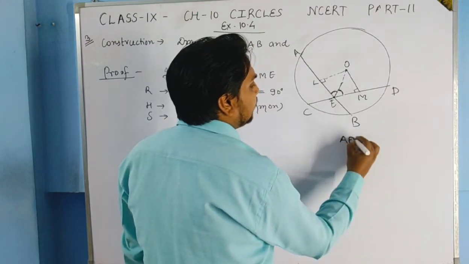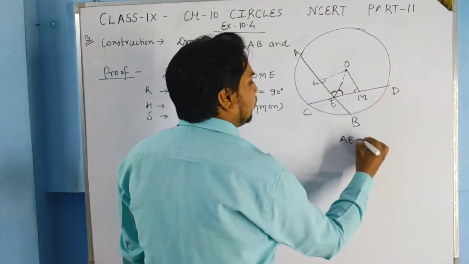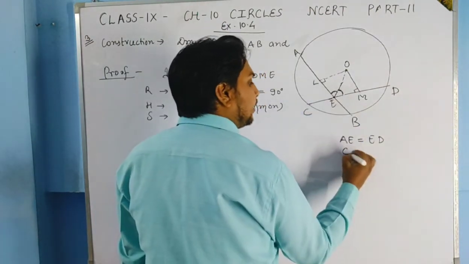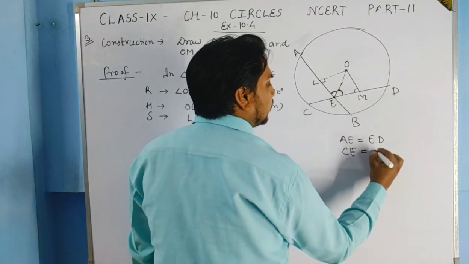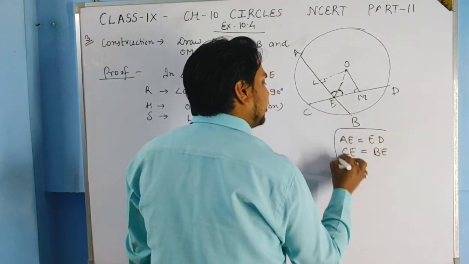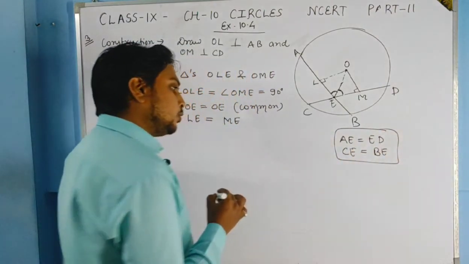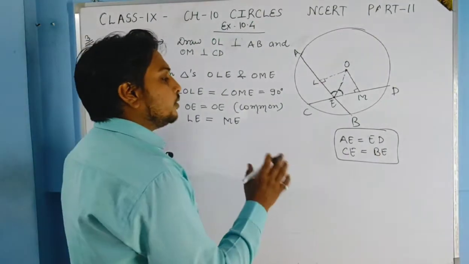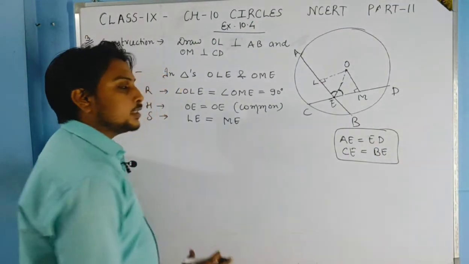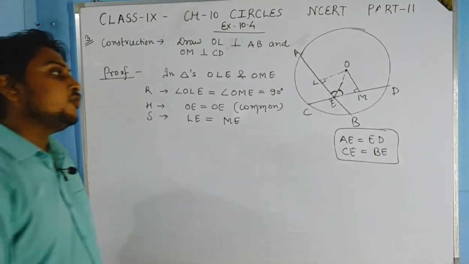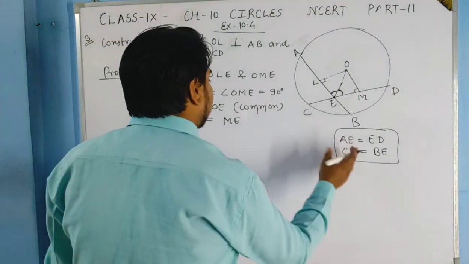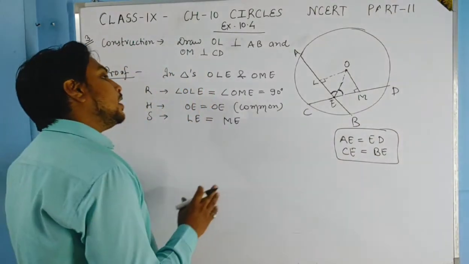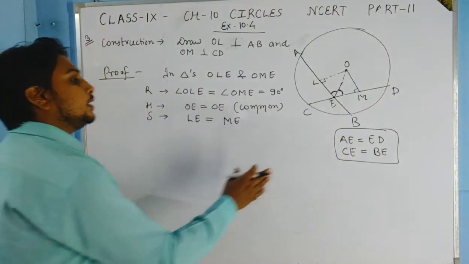We have proved that this part AE is equal to ED and the part CE is equal to BE. Okay, this result we have proved in question number 2. If you are having doubt, then you can see the video of question 2 of this exercise. Okay, I think in part 6 I have taught this. So if you are having doubt that how it comes, you can see part 6. In that part I have told you how we will get this result.